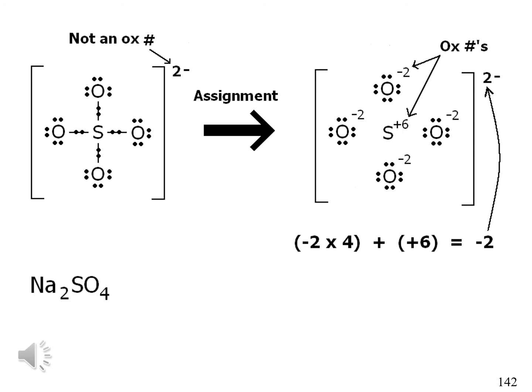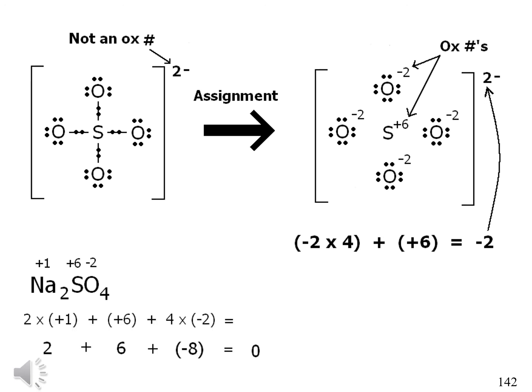If you look at a complete compound like sodium sulfate, this compound is neutral, so you could put a +1 above the sodium, a +6 above the sulfur, and a -2 above the oxygen. Notice that I did not put a +2 above the sodium or a -8 above the oxygen, because oxidation numbers are for individual atoms.